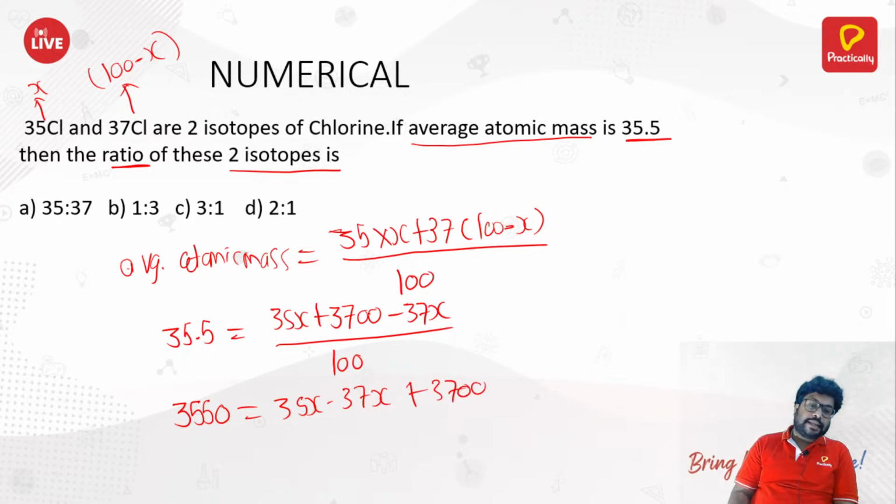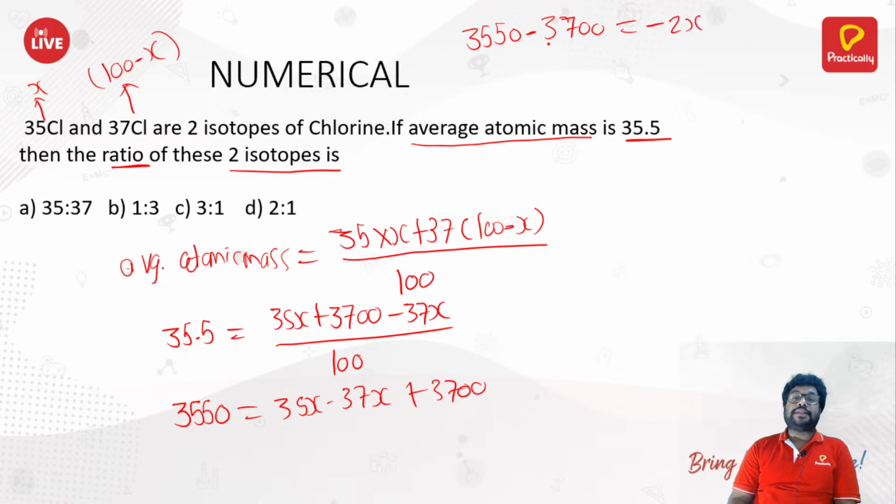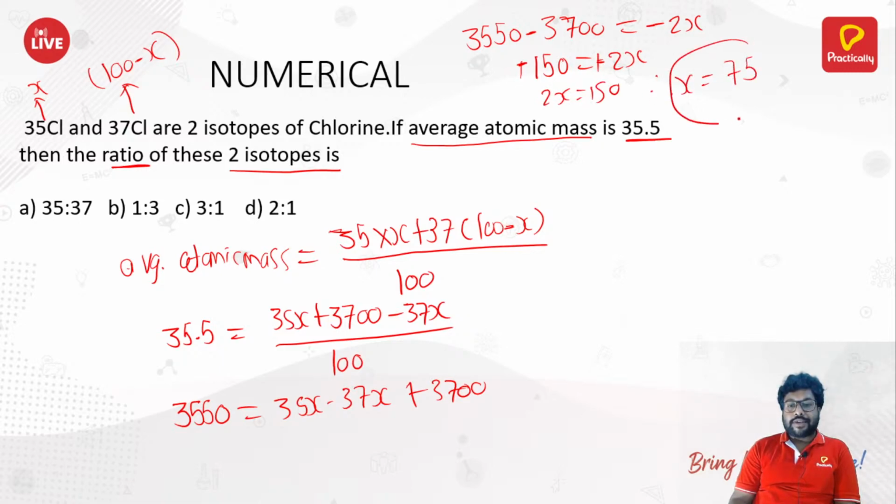So let's send 3700 that side. You get 3550 minus 3700 is equal to 35x minus 37x, which is minus 2x. And 3550 minus 3700 becomes minus 150. So minus 150 is equal to minus 2x. Minus minus gets cancelled. So 2x is equal to 150 and therefore x is equal to 75.